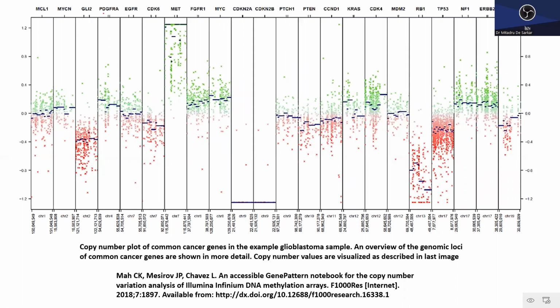So basically, you have got a lot of oncogenes like PDGFR, EGFR, CDK6, MET, etc. You also have the tumor suppressor genes in the form of RB1, P53, which once they're down regulated, will result in gliomas. And all these copy number variations of these genes can be picked up with your DNA promoter methylation assays.